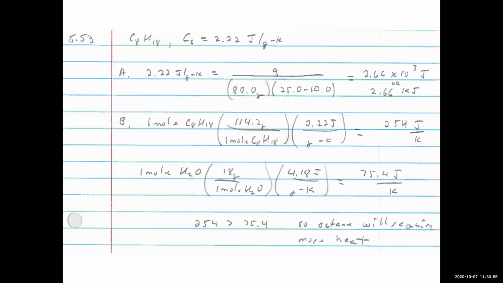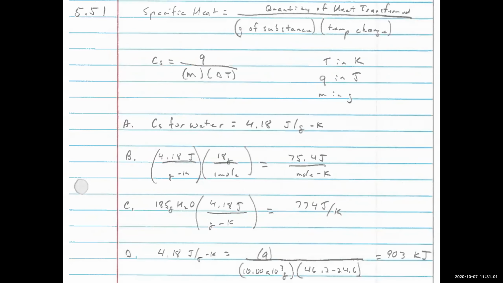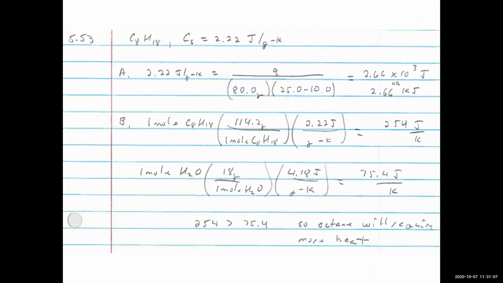So we use our formula, the same one that we used here, Q equals Cs times mass times delta T. We have 80 grams. We have 25 degrees minus 10 degrees. So we have our difference there. And we solve, and we get 2.66 times 10 to the third joules, or 2.66 kilojoules.